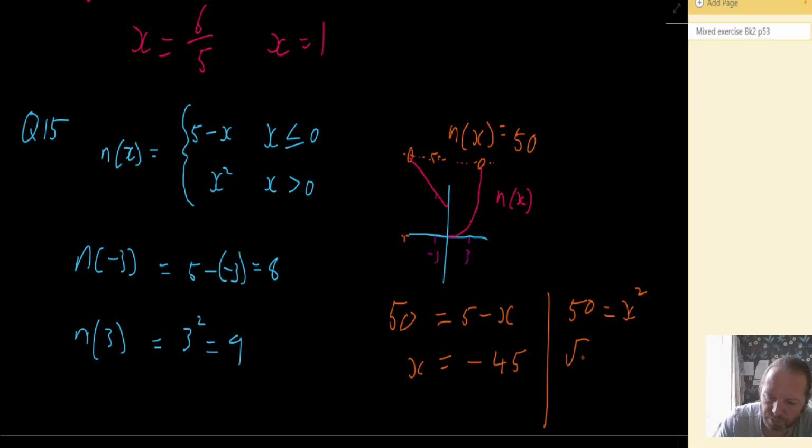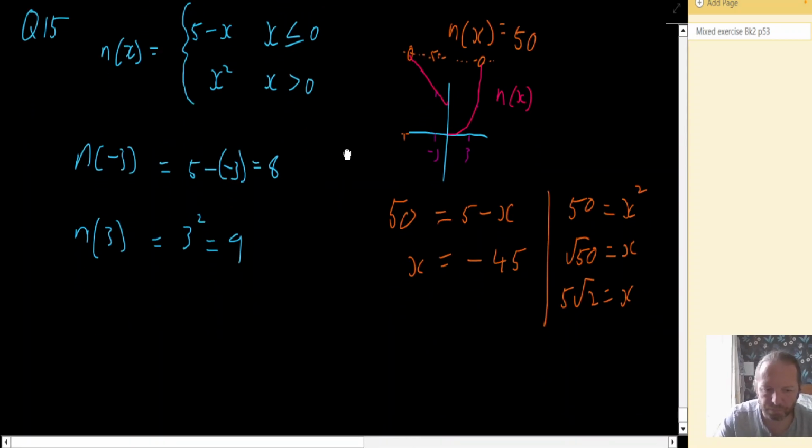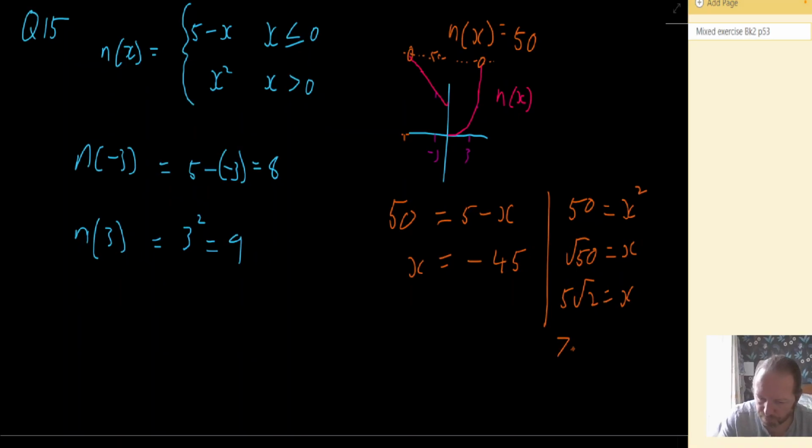Okay, and so the square root of 50 equals x, and checking that in the calculator, the square root of 50 is 5 root 2, which, if you need it, is 7.07. So there's your two options when n of x equals 50. Okay, next question.